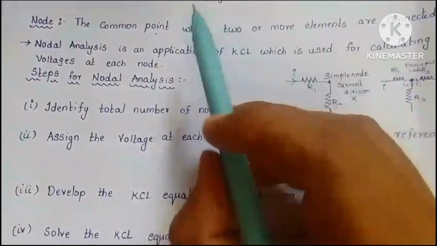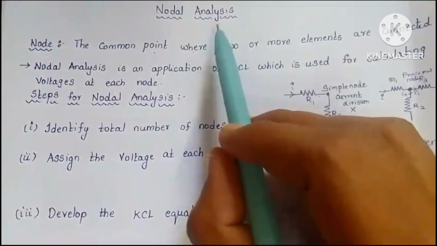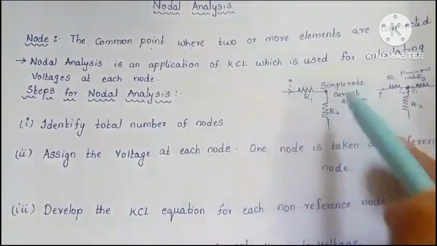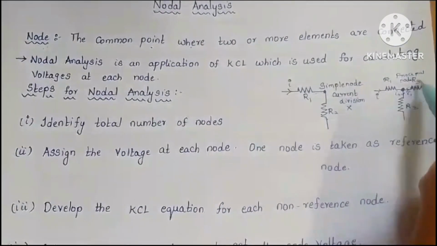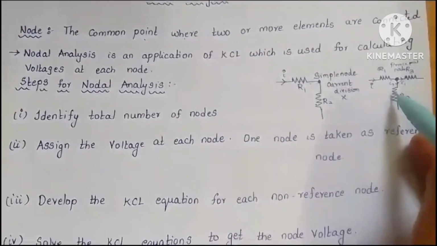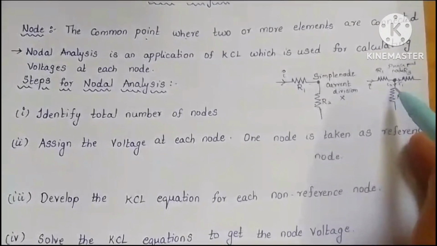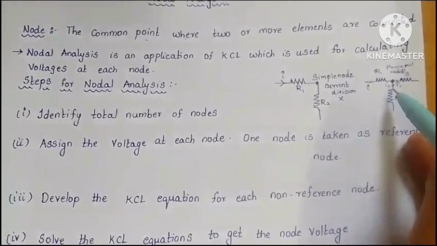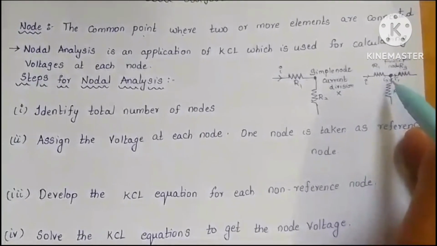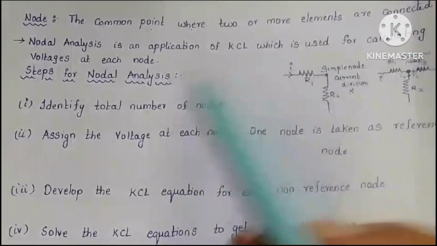Therefore, nodal analysis is applicable only for principal nodes, that is, when current division is possible. So when I refer to nodal analysis, the node implies a principal node.